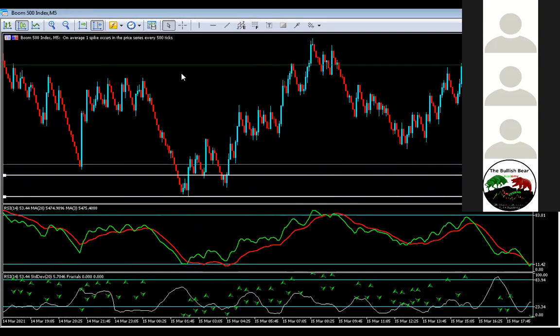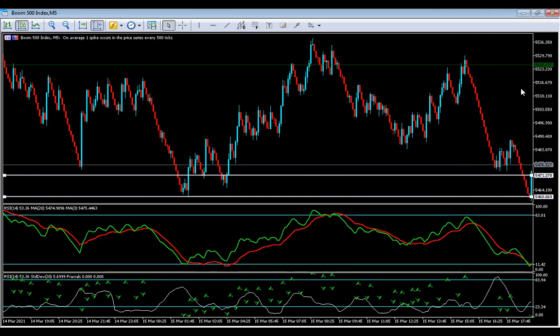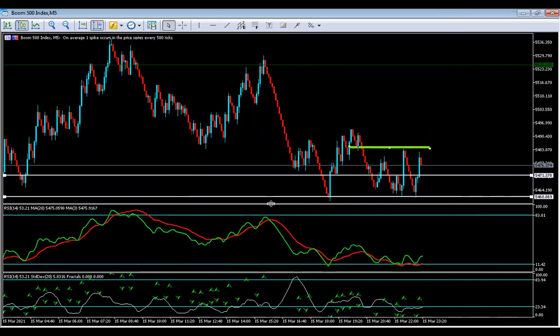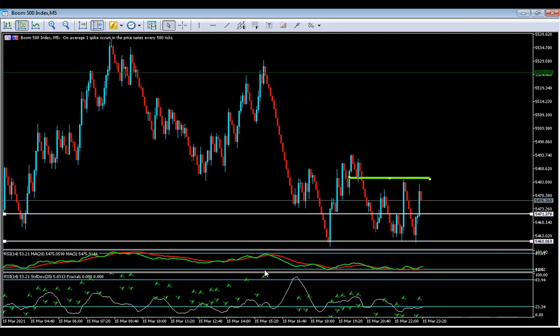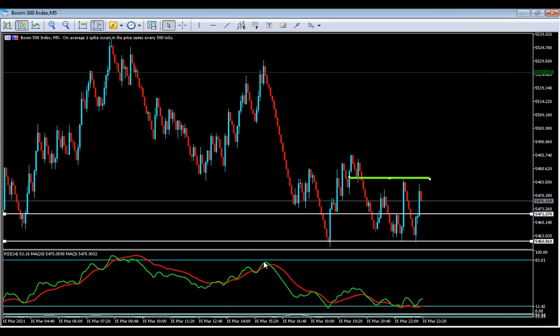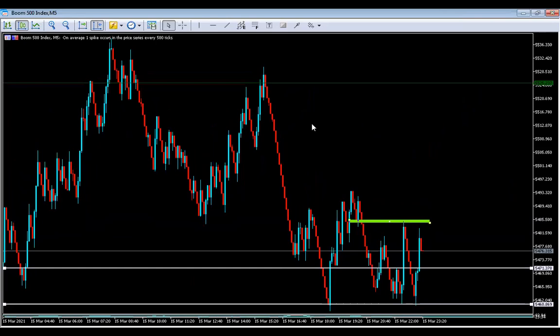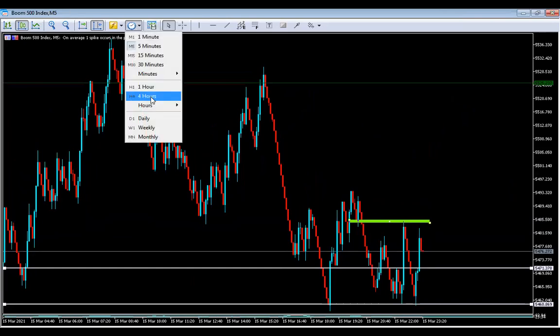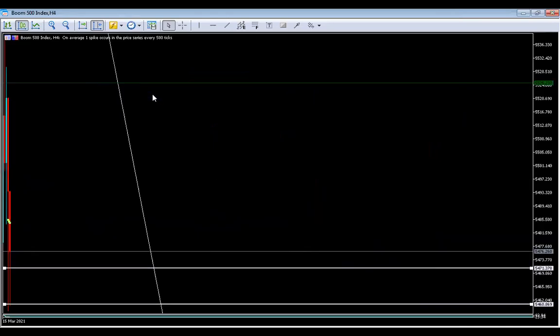So if you want to know the right time to buy long or sell long using price action, using support and resistance, let me take this down. Okay, I will just take these indicators down so that we can have a clear chart. All right, you can go to your higher time frame, let's say the 4-hour time frame.